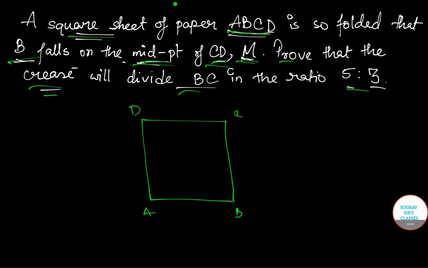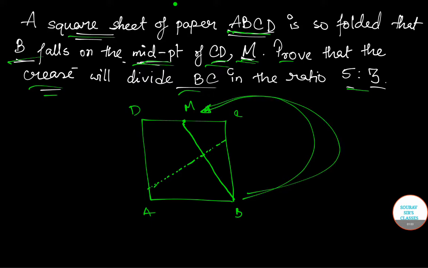So the midpoint of CD will be somewhere around here, and B will fall over M, the midpoint of CD, to produce a crease which will look something like this. So this will be the crease formed, and this is the way B is folded over M.